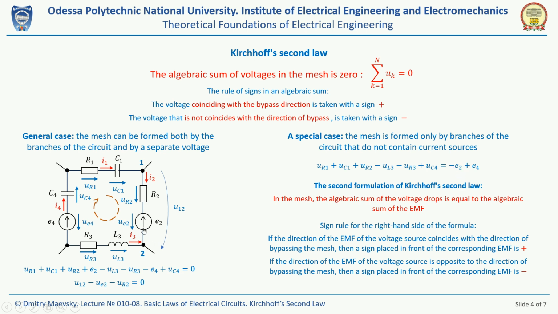Why minus E2? Because we are going down this branch, and this electromotive force is up.